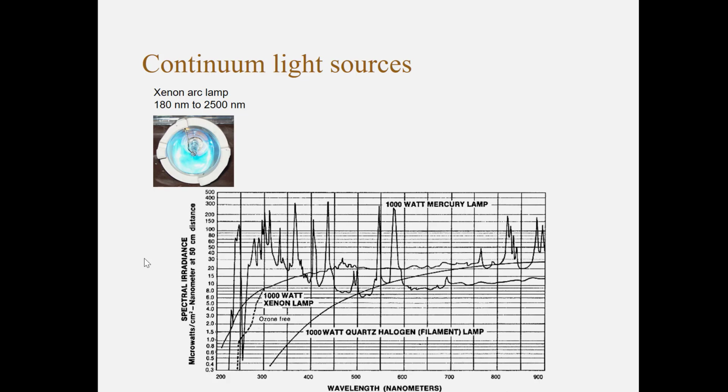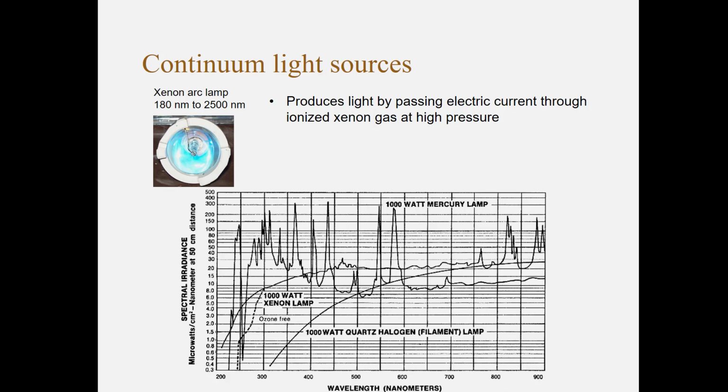So the first light source we will discuss is a xenon arc lamp. The xenon arc lamp works by two different mechanisms producing the light. You have two electrodes, and in between these there's high pressure xenon gas, and you pass a high current through this xenon gas, and this creates a plasma.